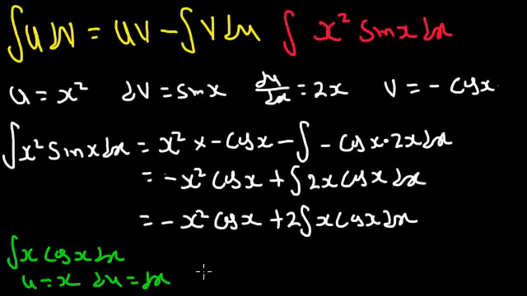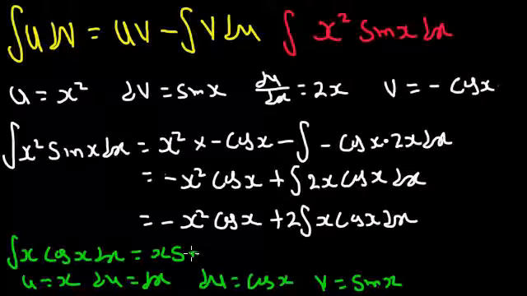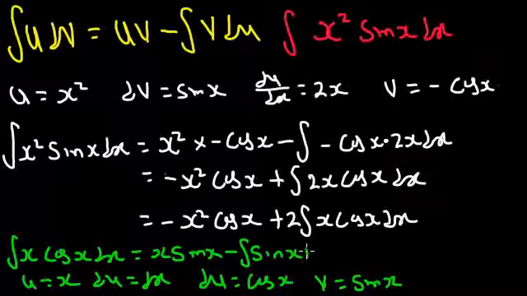Now also, our dv is equal to cosine x dx, and v will be equal to the integral of cosine x, which is simply sine of x. So now our integration becomes uv, which is x times sine of x, minus the integral of v du. V is sine of x, and du is simply dx.